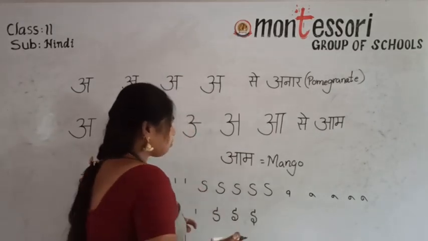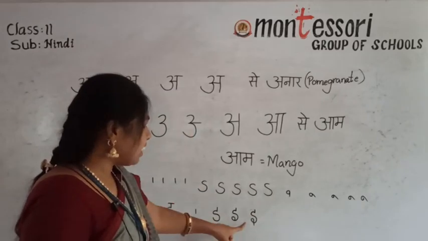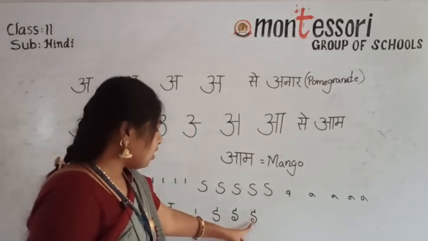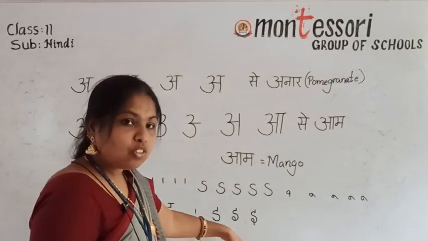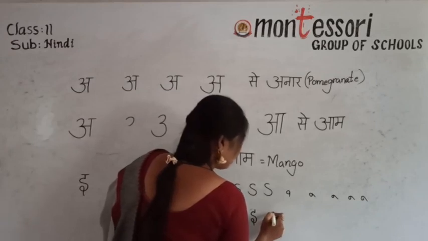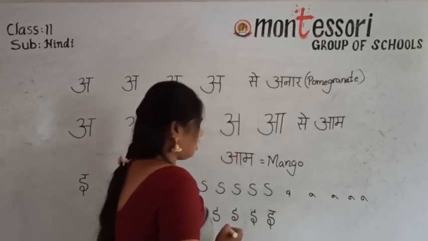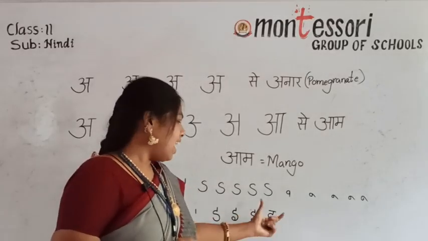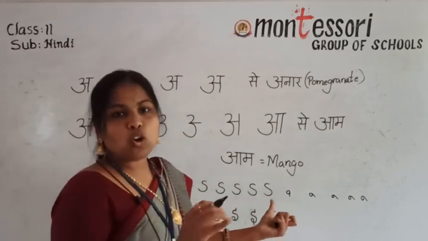Okay, children. After the circle, what I did, see here. I leave that line downwards. Okay, you have to write like that only. First itself, don't give the header. After finishing all the letters, I give a small header slowly.